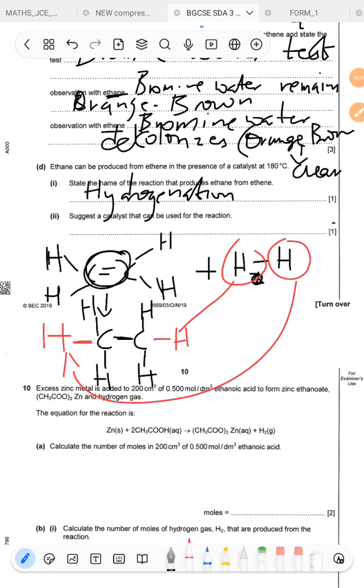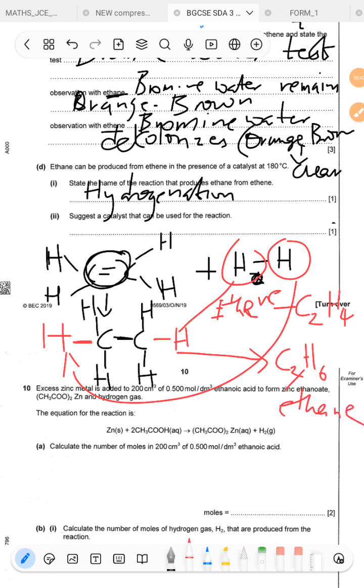So essentially this is going to be C2H6. We moved from C2H4 to C2H6. This is ethene, and then this is ethane.